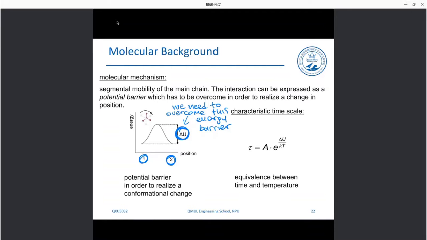So there is a characteristic transition temperature for such a specific molecular motion, and this temperature is called the glass transition temperature, okay? The characteristic time scale in order to overcome this energy barrier is given as a function of this energy barrier. This is the time scale. This is the pre-exponential factor.